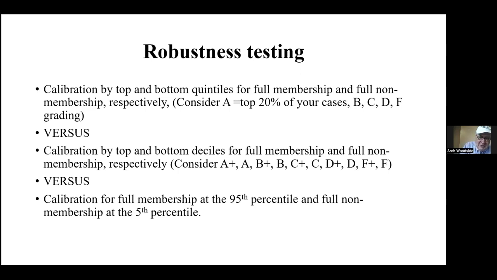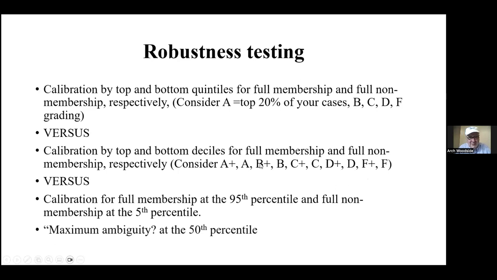Now, Charles Ragin, in his 2008 book, talks about taking the top 5% as your cutoff for full membership. In other words, the 95th percentile. That's a very stringent cutoff point. And David McClelland, who has done modeling on a case basis, recommends, and he uses quintiles for his division, the top 20% and the bottom 20%.